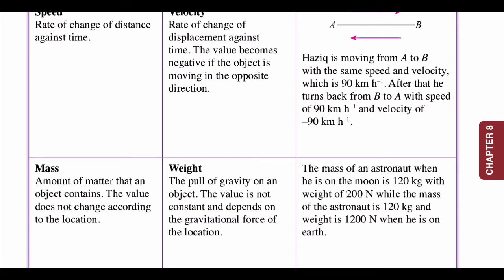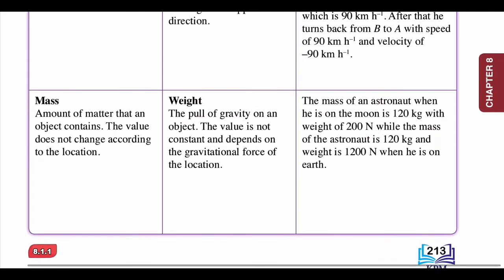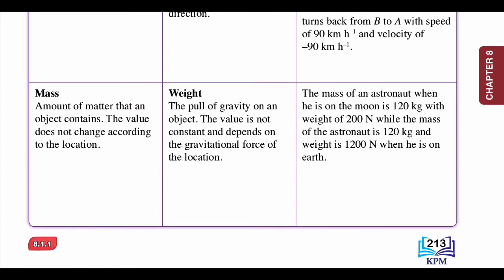Now let's have a look at mass and weight. Mass is actually the amount of matter that an object contains. The value does not change according to the location. Weight is the pull of gravity on an object. So the value is not constant and depends on the gravitational force of the location.